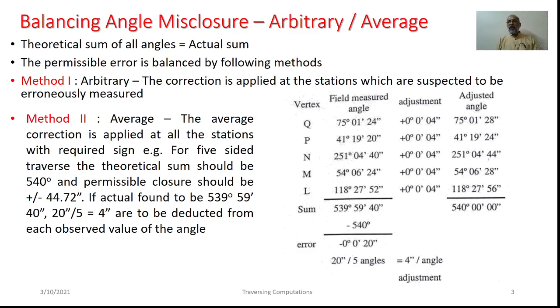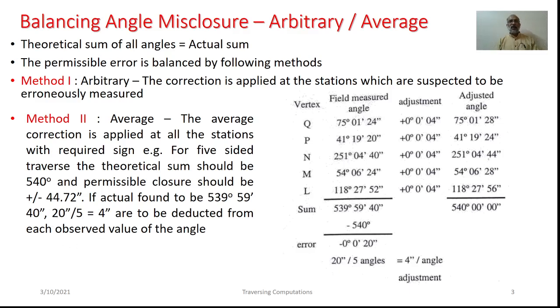So, if there is some other person who is referring to these particular adjusted angles, he will have a wrong impression that all the angles are measured with a 1 second theodolite, which is not practically the case, because as we know, theodolite has got a least count of 20 seconds.